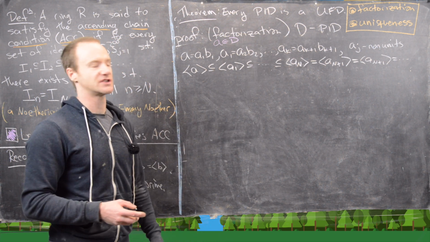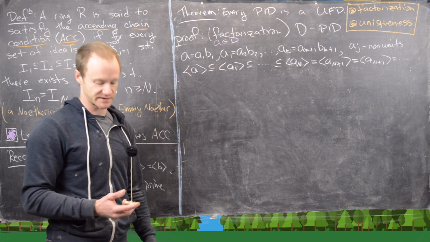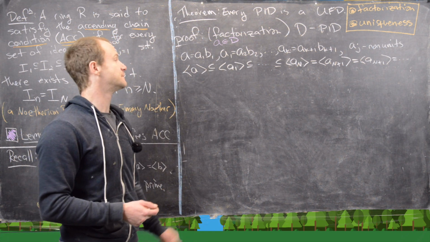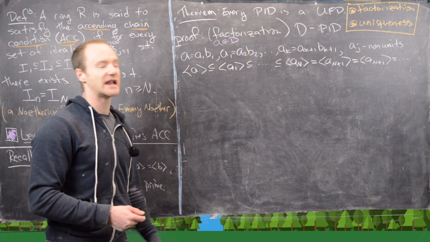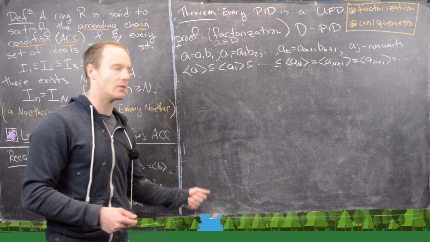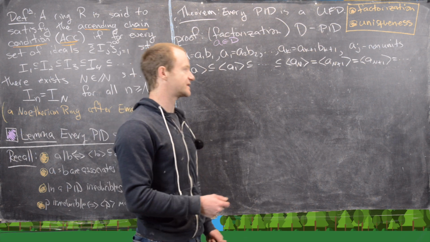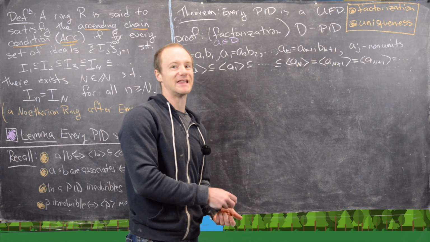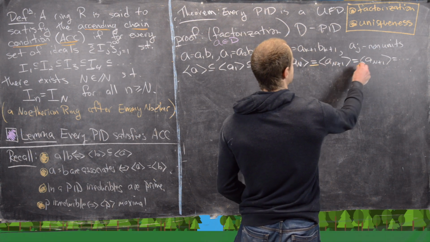That was our supposition, and that was possible because we started with something that was a non-unit in the first place. From that, we formed this ascending chain of ideals. A is contained in the ideal generated by A1, contained in the one generated by A2, and so on and so forth. Then by the ascending chain condition, these ideals stabilize.